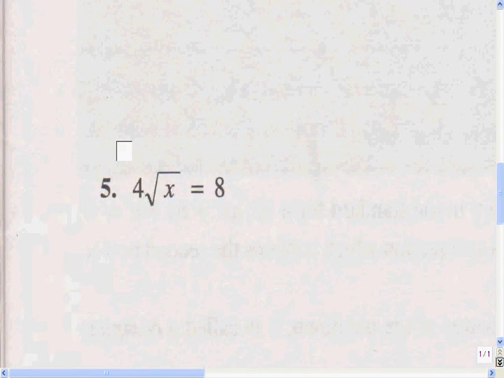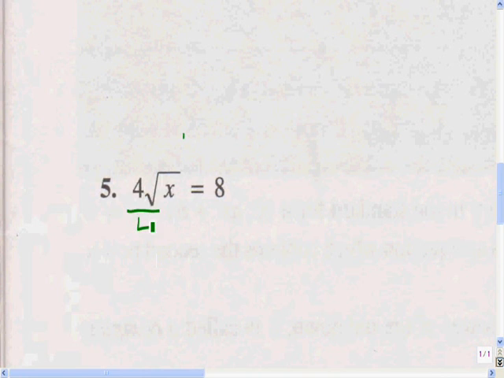Well, I told you earlier that when you have a number right next to the radical, that means multiplication. That's 4 times the square root of x, or 4 times radical x. So since the operation being done here is multiplication, to get rid of this 4, we're going to use the opposite, or the inverse, which is division.